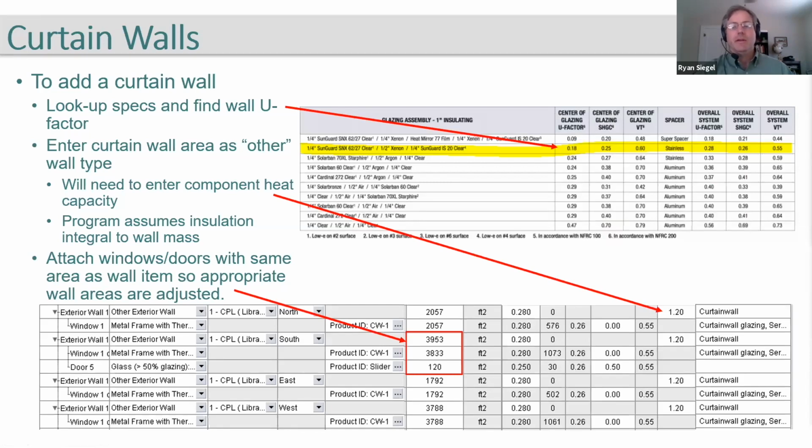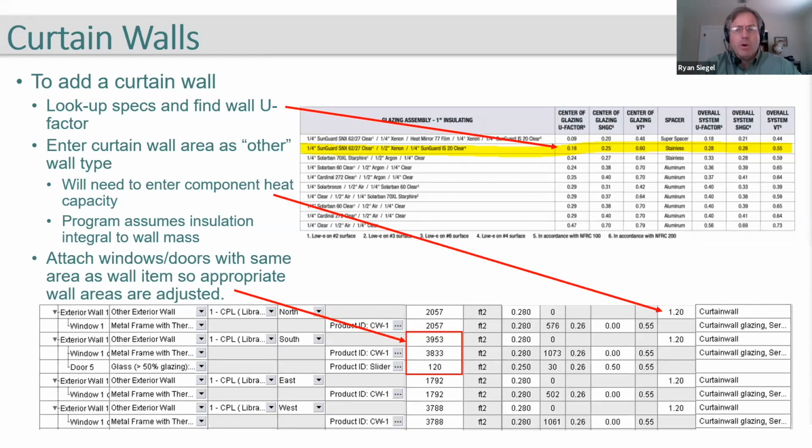Here we're showing how one might deal with curtain walls, because COMcheck does not have default values for curtain wall assemblies, and curtain walls can be dramatically different depending on their construction, as well as, to be totally honest, installation.